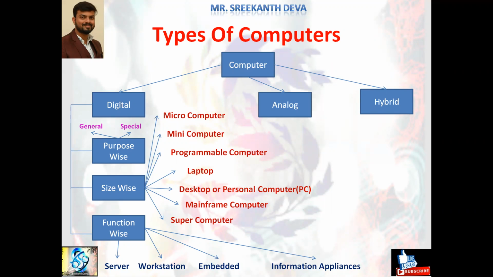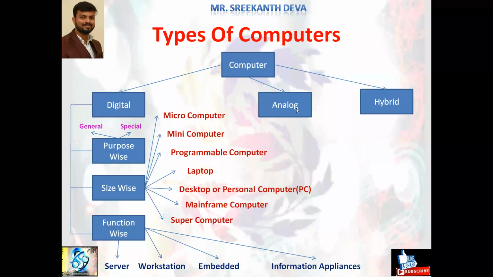If I try to make it a single video, it takes so long, so I try to divide this video into three to four parts. Today we discussed what a digital computer is. It works on discrete or discontinuous data. It understands only binary language, represented by zeros and ones. We also discussed what an analog computer is.